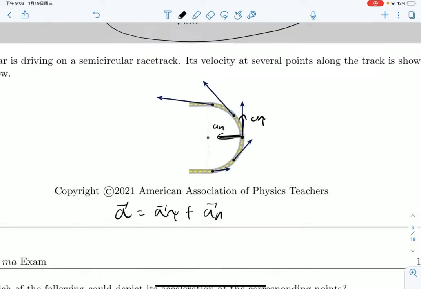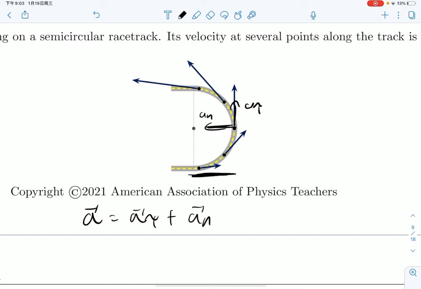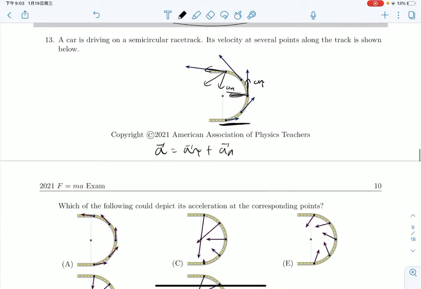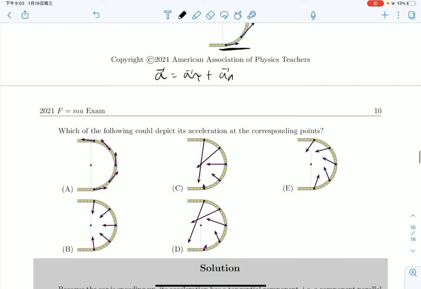Because the velocity is increasing, the tangential acceleration is in this direction, and a_N is in that direction. So if you sum up the vectors, you can see the a total is basically this, right? I think so.